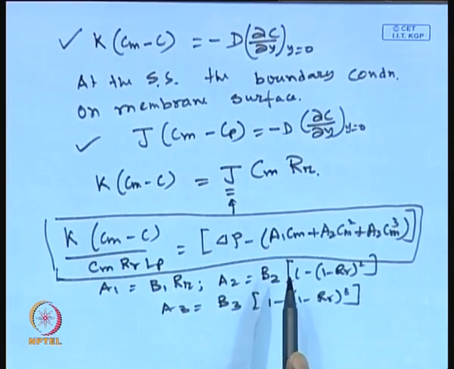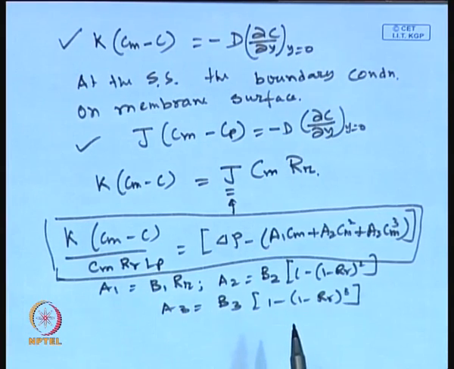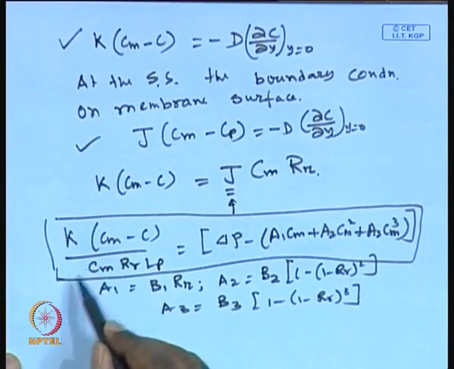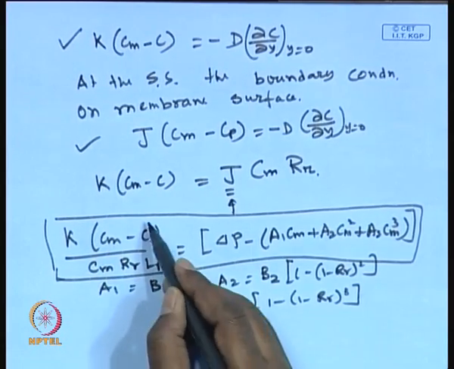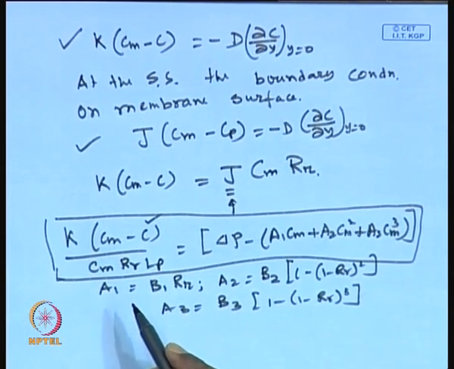gives you an algebraic relationship between the bulk concentration and the membrane surface concentration. So, when I am writing J is equal to Lp into delta pi, and delta pi is a function of Cm, now I should have a relation between the membrane surface concentration Cm and the bulk concentration C, because all my governing equations are now in C. So, this is the algebraic relation that gives you the interface relationship between the surface concentration on the membrane and the bulk concentration C. Now, what expression of mass transfer coefficient can you take?